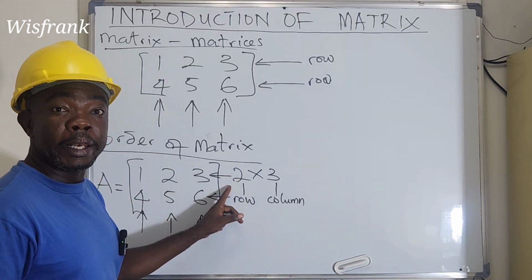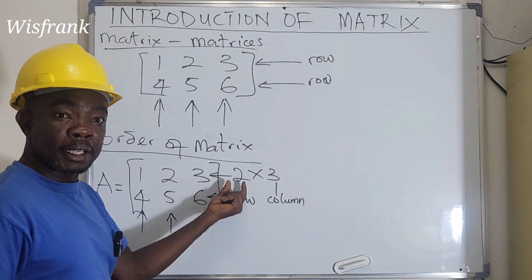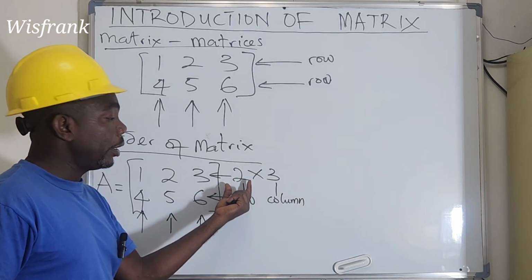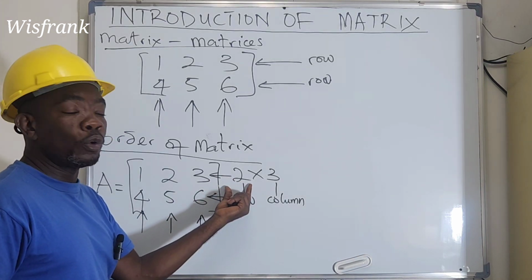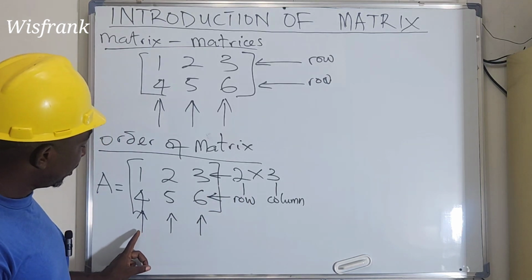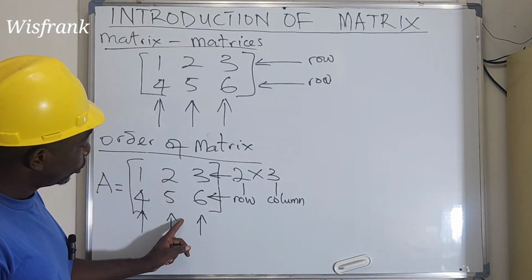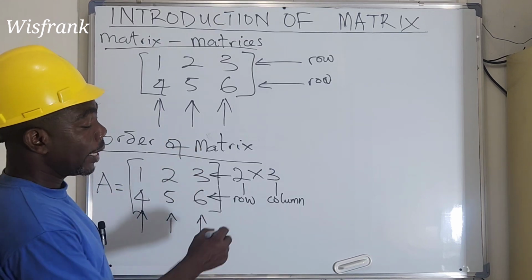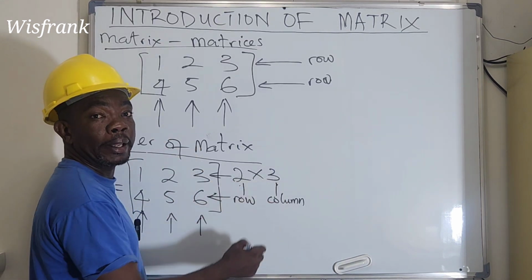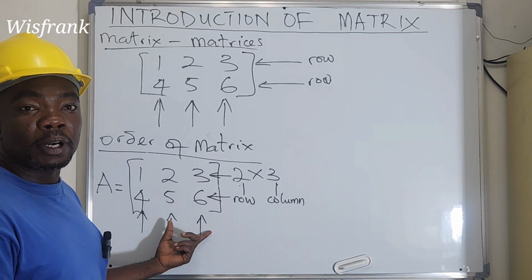In any matrix that you see, the first number represents the rows, while the second one represents the numbers arranged vertically, 1, 2, and 3. That is why it is called a 2 by 3 matrix, and it is a rectangular array.